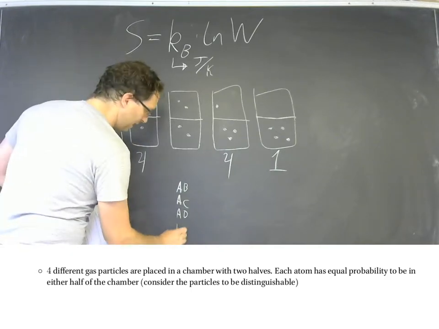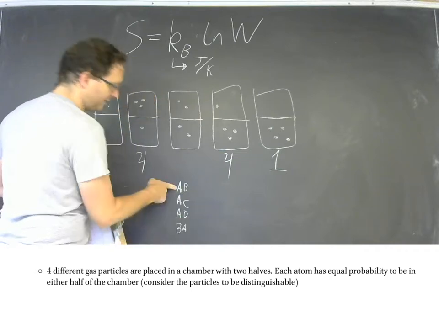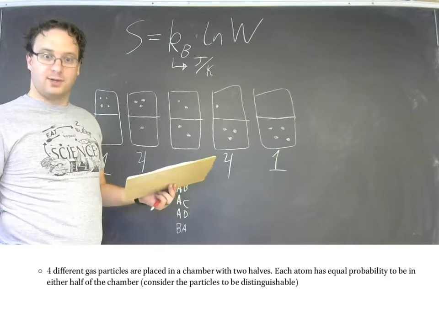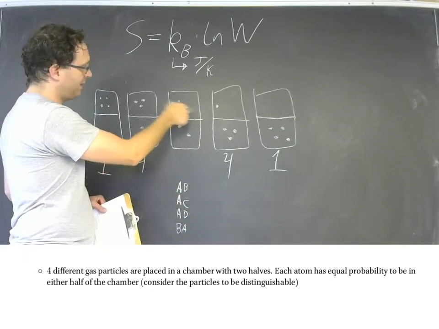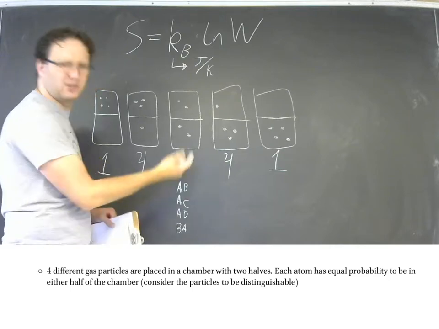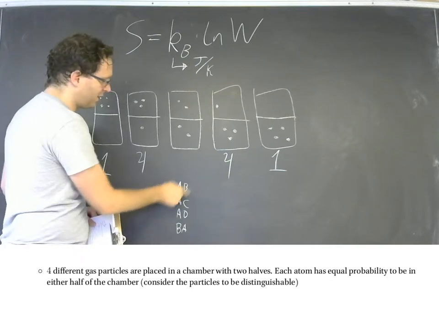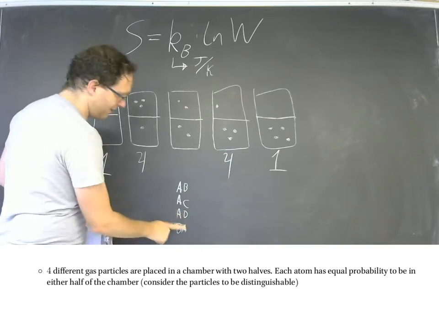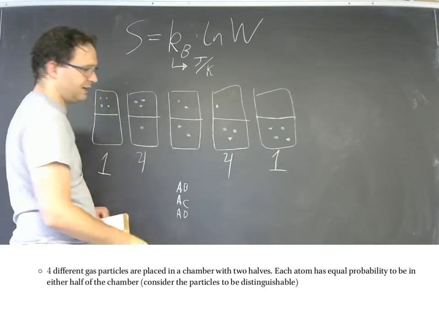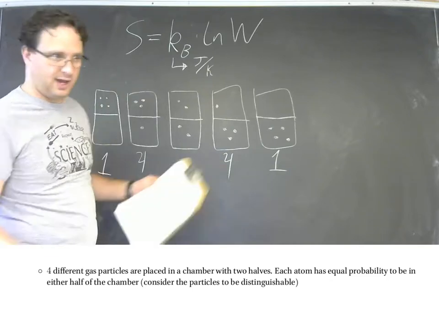Now, B and A, that's the same as this one. Although the atoms are distinguishable, they're both in the top. You know, the position left or right here isn't actually meaningful. This is just a collection of atoms which are in the top, and this is the same microstate then. Having B and A in the top is the same as having A and B in the top.